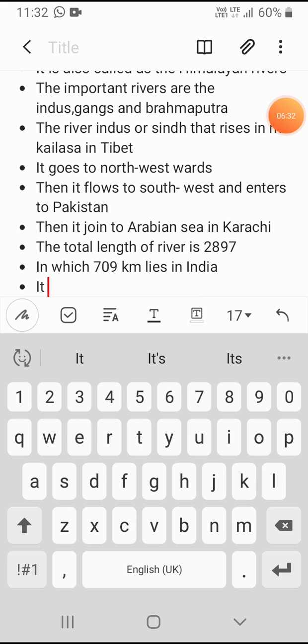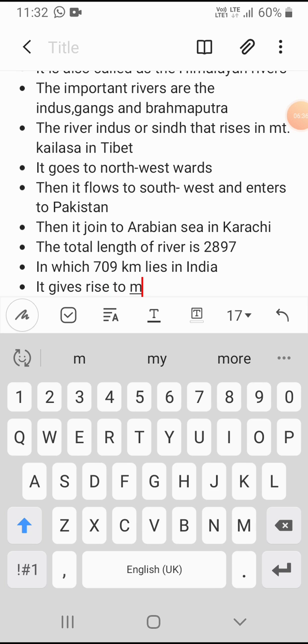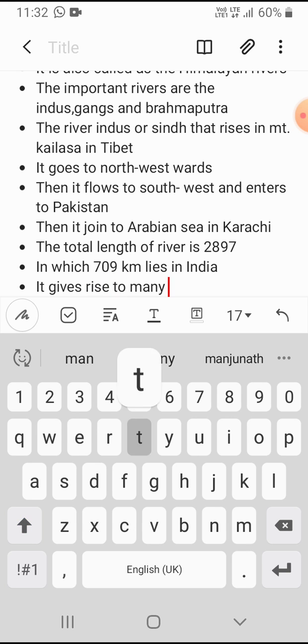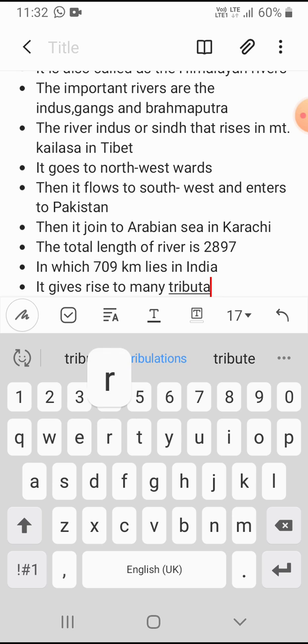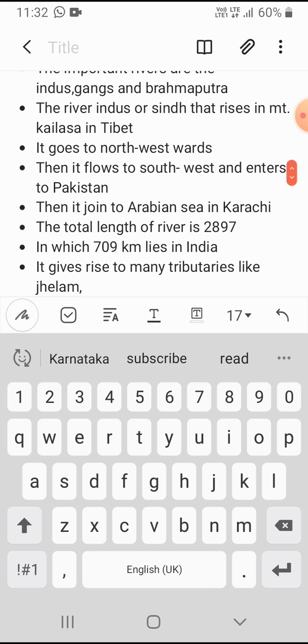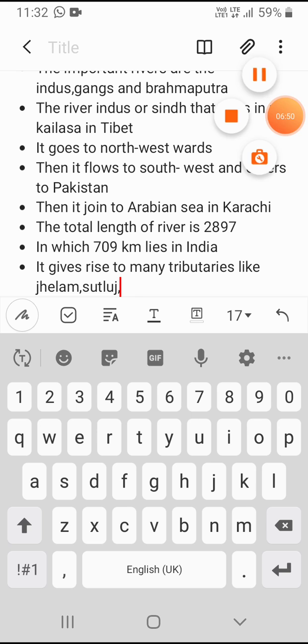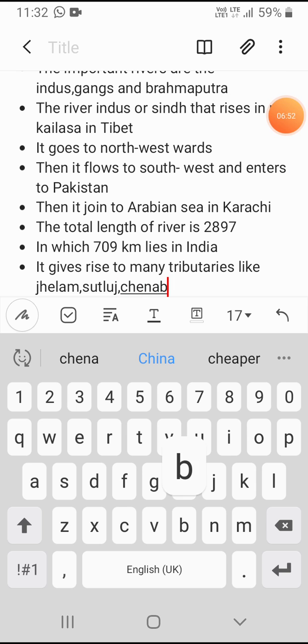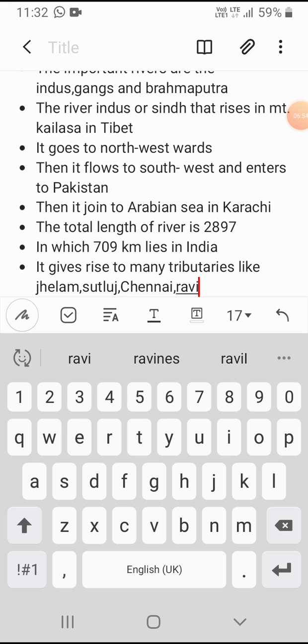It gives rise to many tributaries like the Jhelum River, Satluj, Chenab, Ravi, and Beas, called Bees.